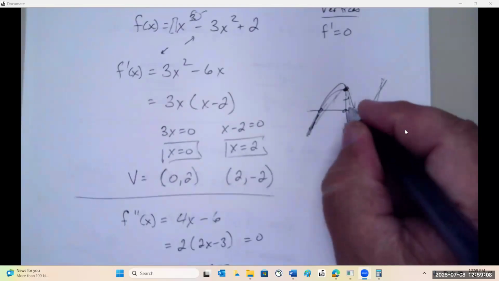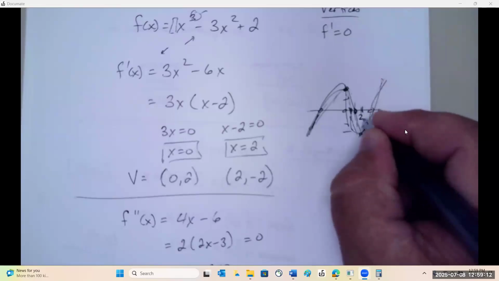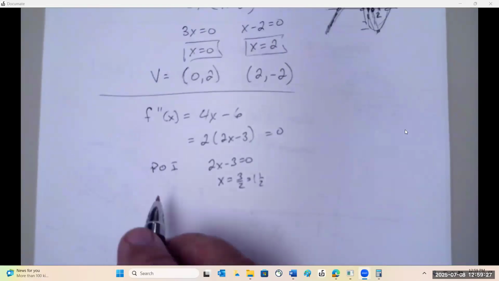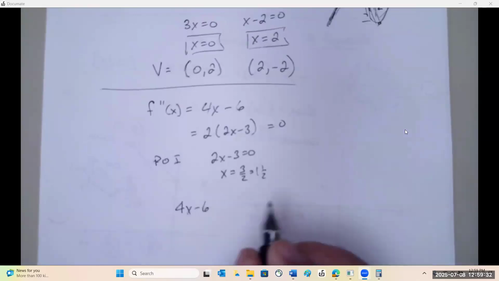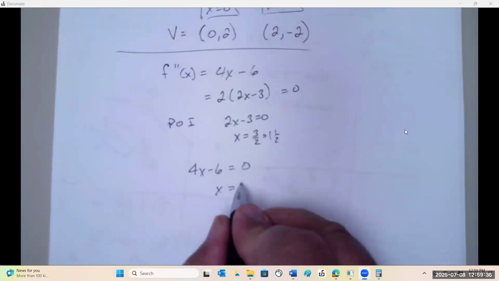So my point of inflection is somewhere between 1 and 2. Since we set it equal to 0, we know our point of inflection is 3/2.